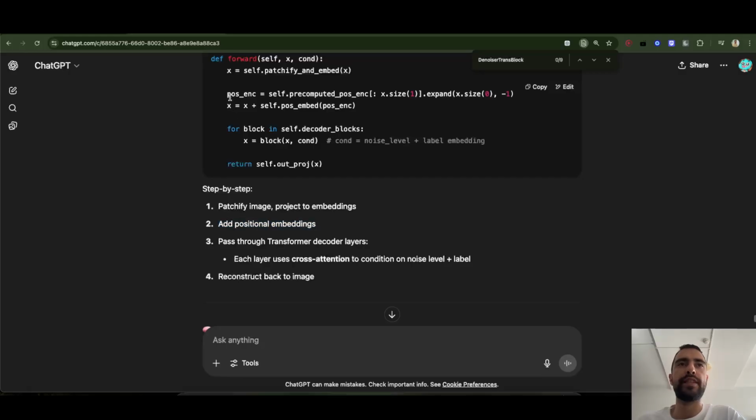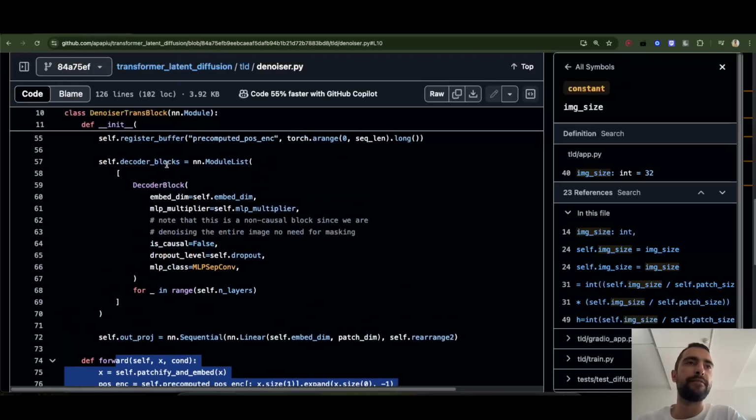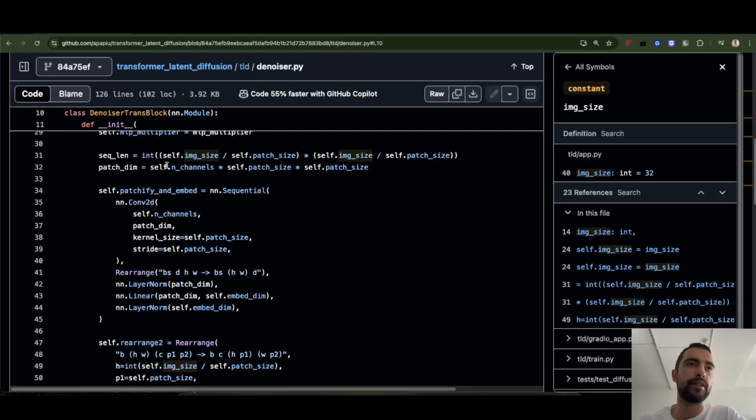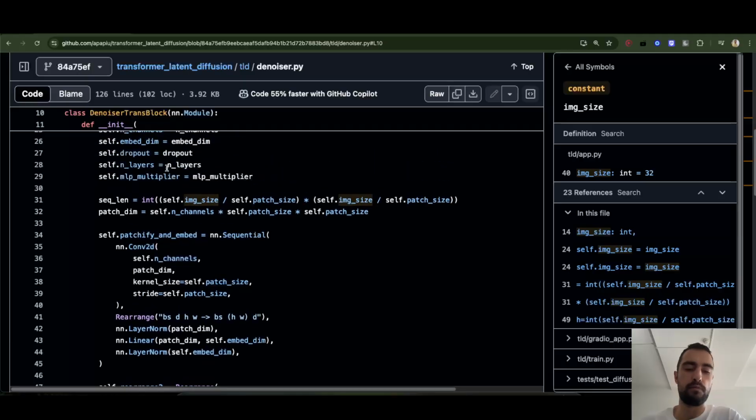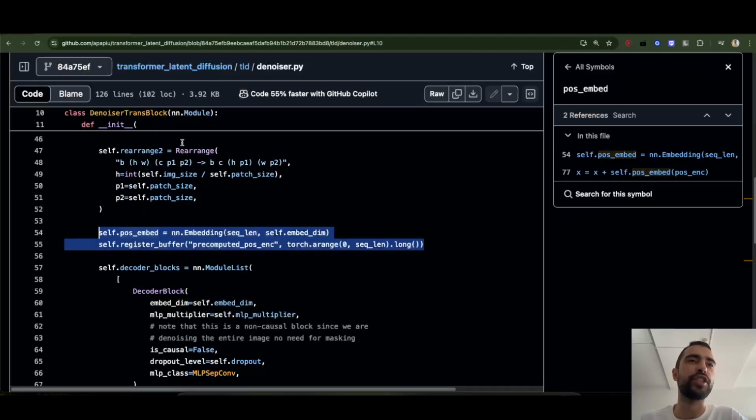So we have this positional. Here we take input and say input plus self positional embed, positional encode. Let's see this positional embed we defined. Let's see how this positional stuff works.